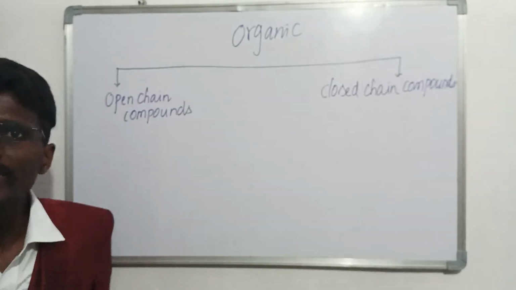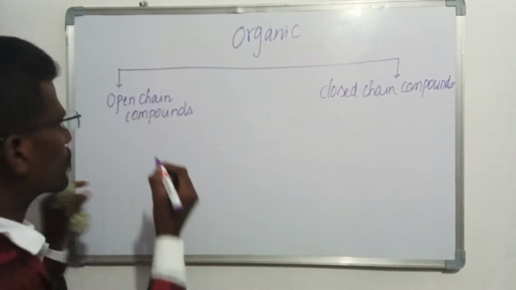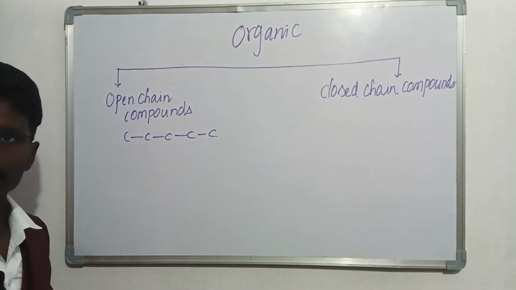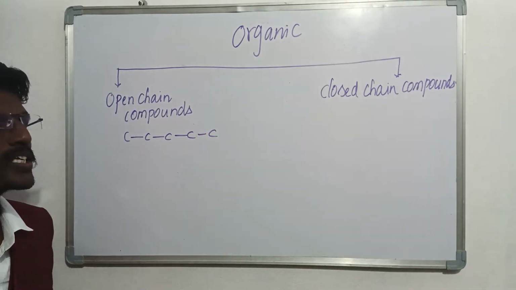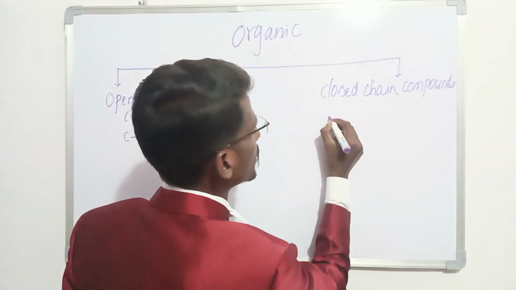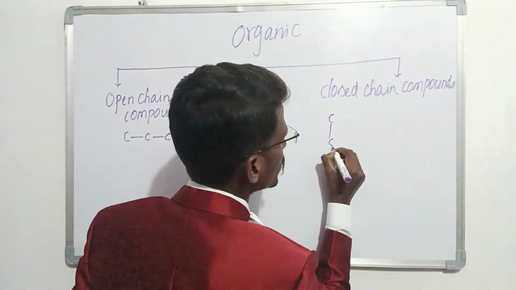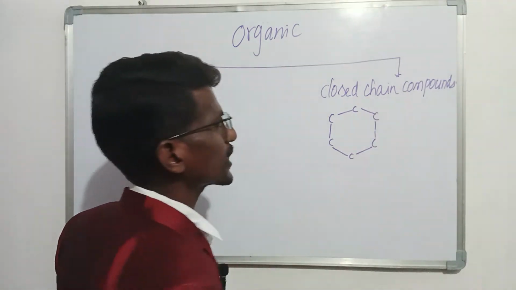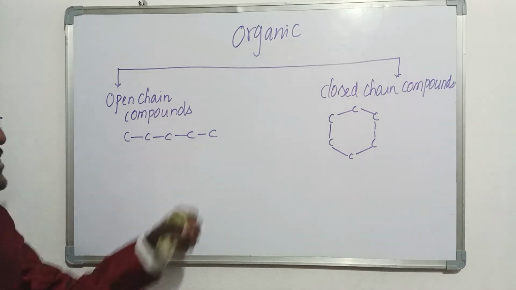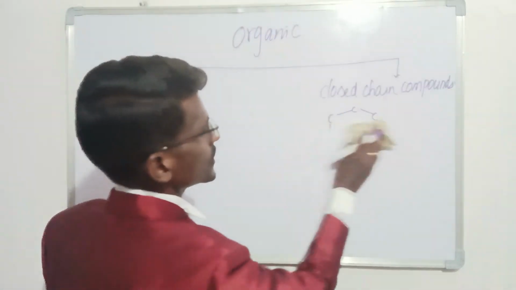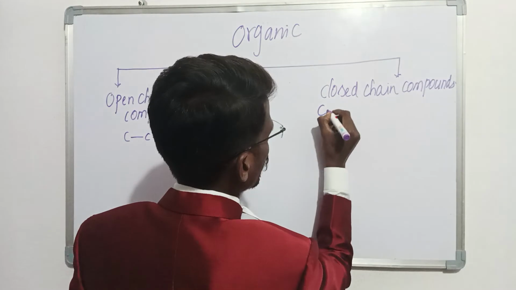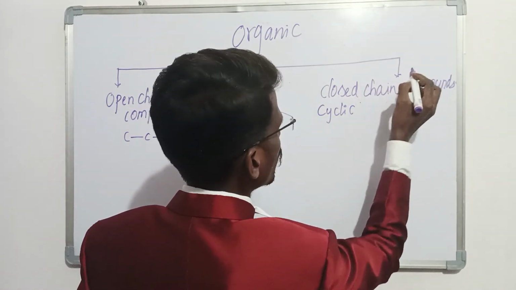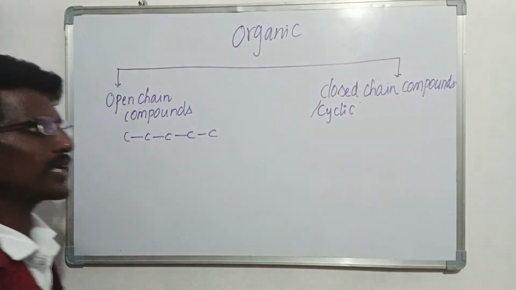Open chain means the carbon chain is open. Closed chain compounds means the carbon atoms are closed to each other and may form cyclic compounds. Hence they are called cyclic compounds.